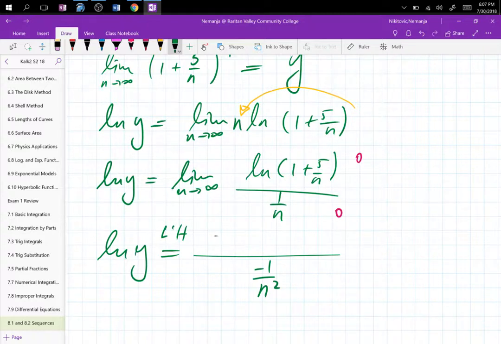In the numerator, I have 1 plus 5 over n times its derivative on top. It's just 1 plus 5 over n. Put that there, and then its derivative on top, so that's going to be negative.